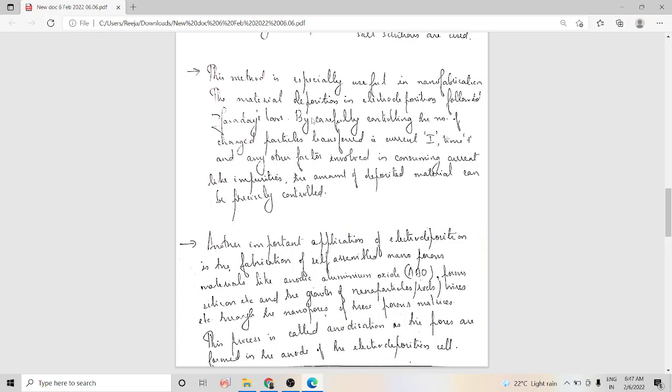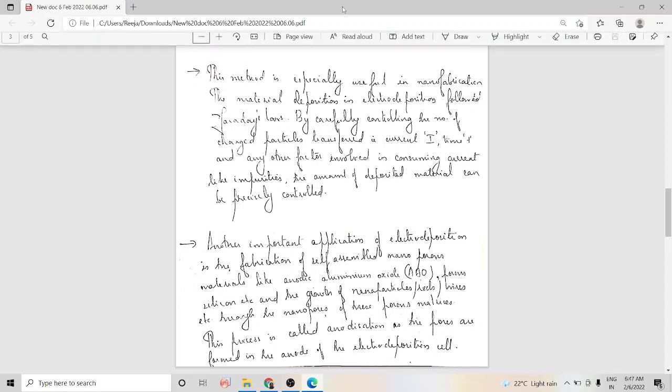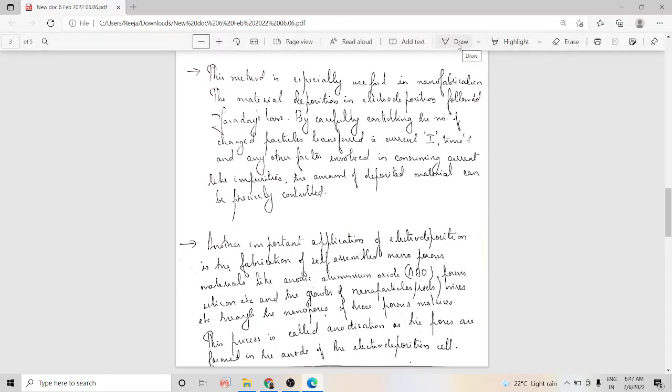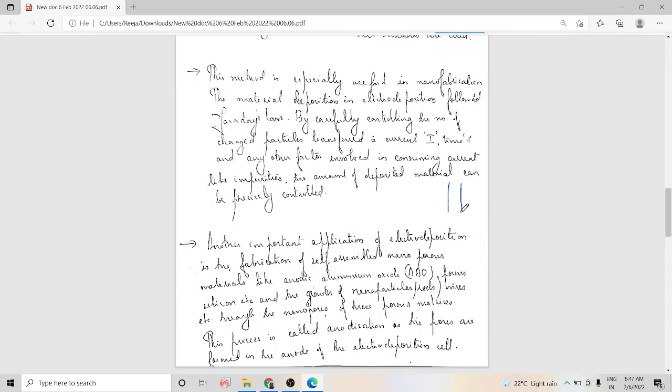Here it says electrodeposition can be used in nanofabrication. Electrodeposition obeys Faraday's law. So, if you have an electrode and you are controlling the number of charge particles that are transferred to a particular substrate, how can you control the number of charge particles?